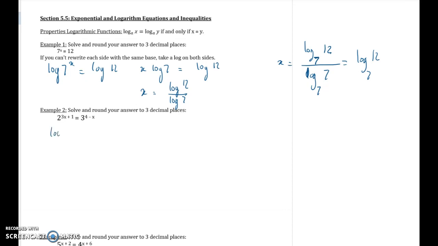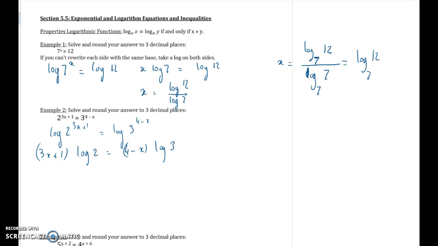Now, example number 2. I'm going to be in log base 10 because it's easy. I don't have to write the base, but I must not forget we are working in base 10: log of 2 to the 3x plus 1 equals log of 3 to the 4 minus x. Using my rule of log, (3x plus 1) log base 10 of 2 equals (4 minus x) log base 10 of 3.